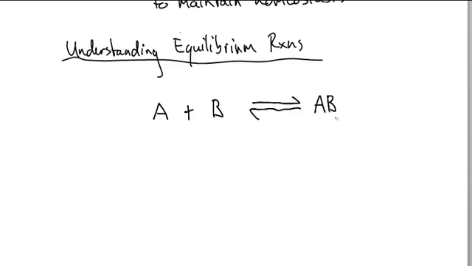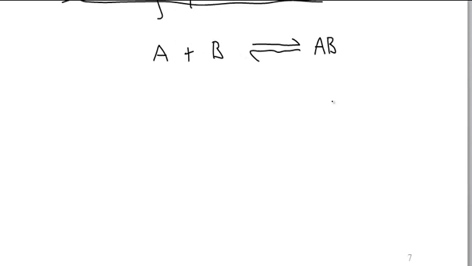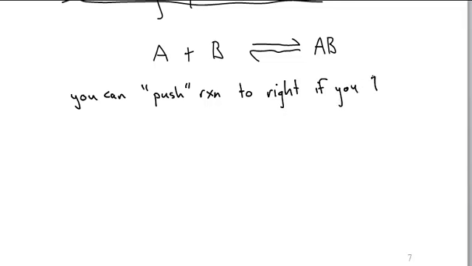And the equilibrium arrow's in the middle, meaning that AB can also shift back to form A plus B. In this situation, you can essentially push the reaction to the right to make more AB if you increase concentration of A and or of B, depending on if there's a limiting factor there.